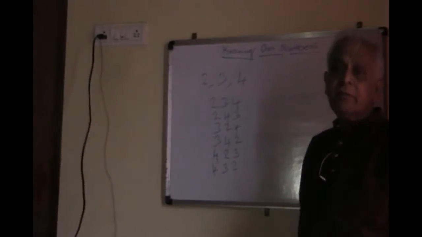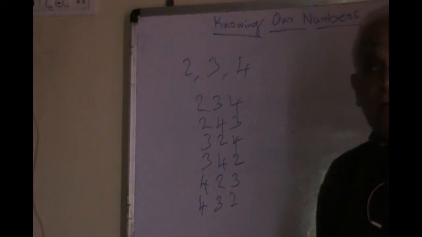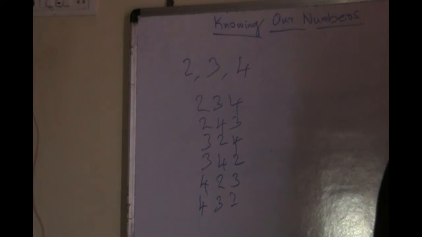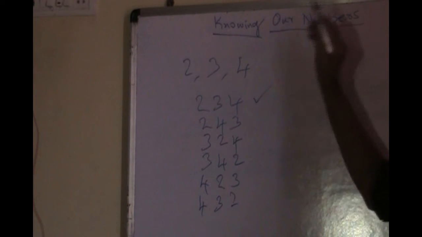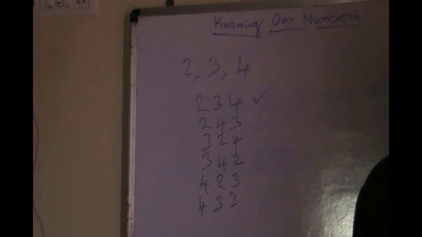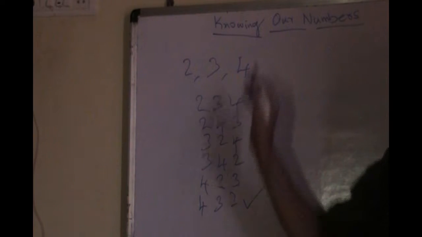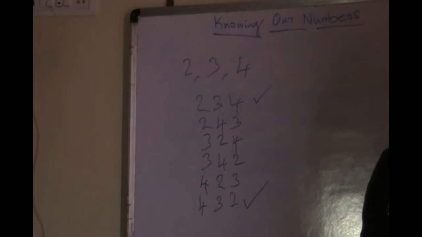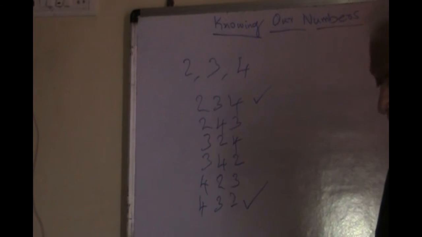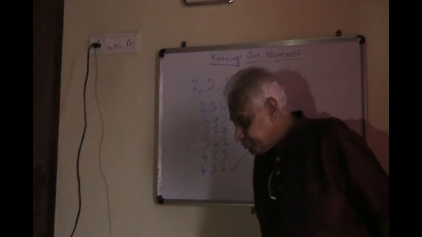Which is the smallest number and which is the highest number from these series? You can very easily say 234. 234 is the lowest number, which is the smallest, and the highest number will be 432. So this means comparison of numbers.